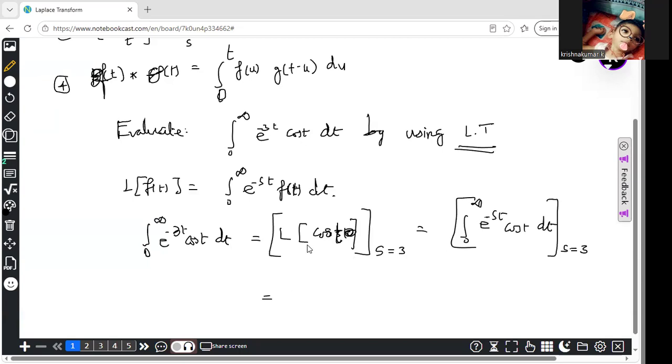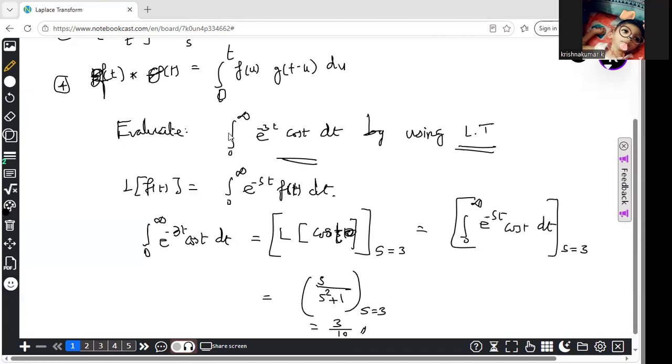Now, what is the Laplace transform of cos t? s by s square plus 1. After this you put s equal to 3, and we get 3 by 10. So this is the integration value, and this is another application of Laplace transform.